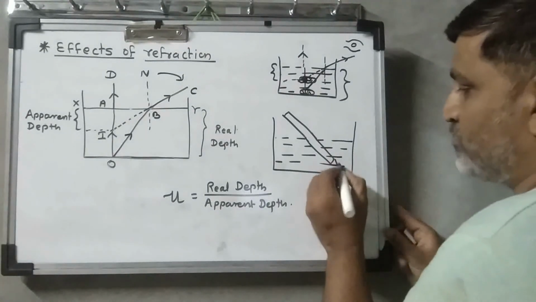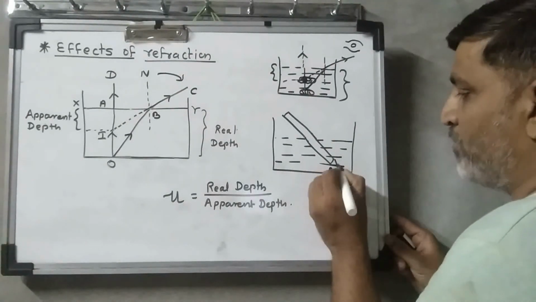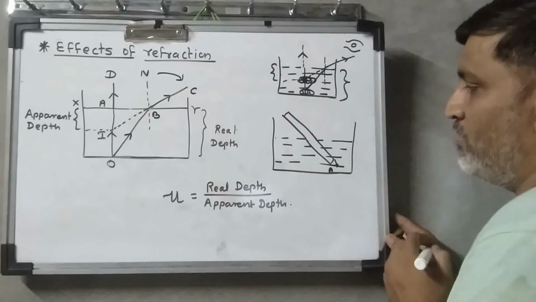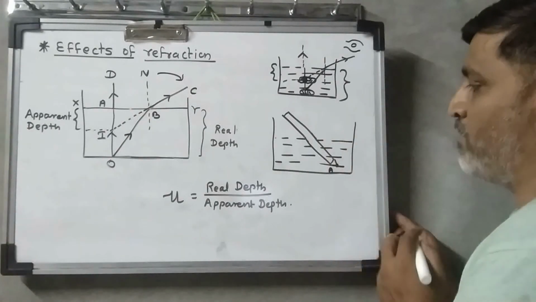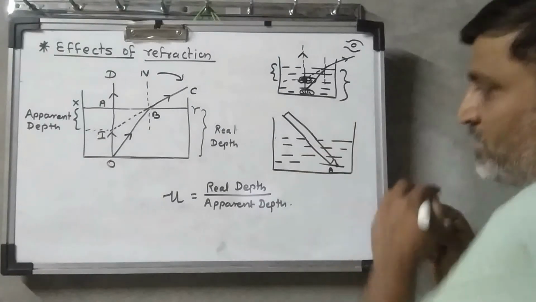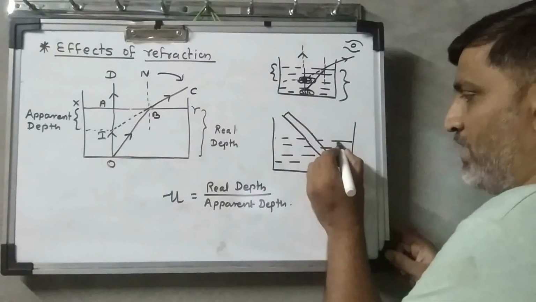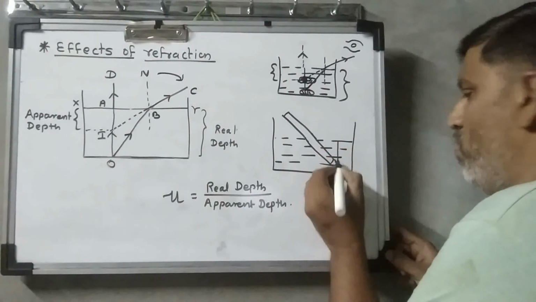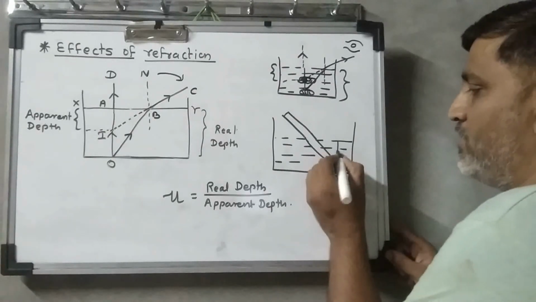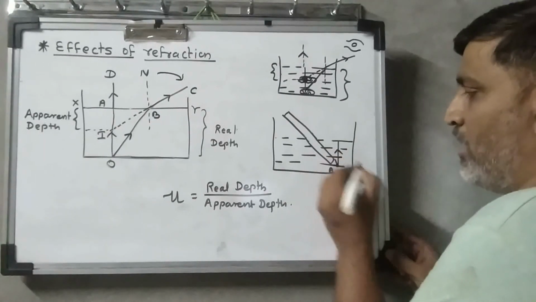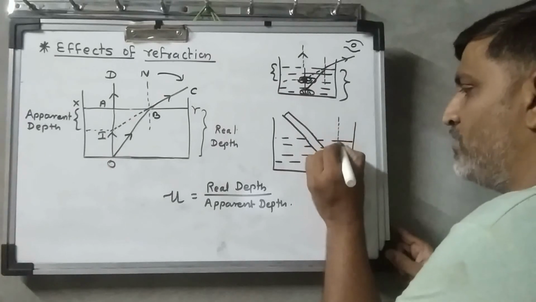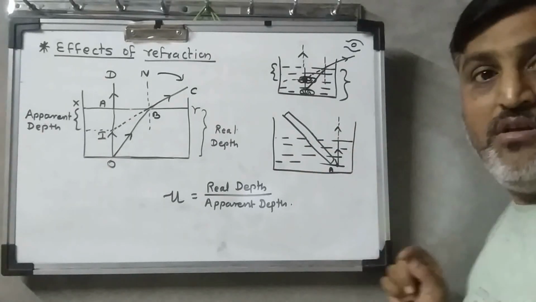Now see this point, say A of the pencil, when I see it from outside of the tumbler. One of the rays reflected from the point A along the normal passes undeviated after refraction.